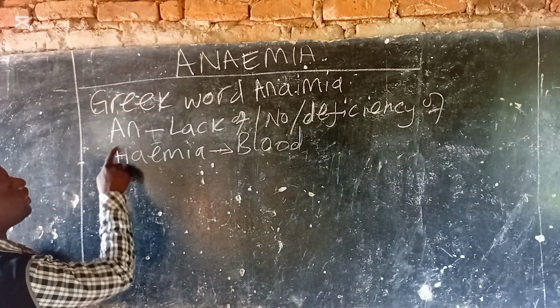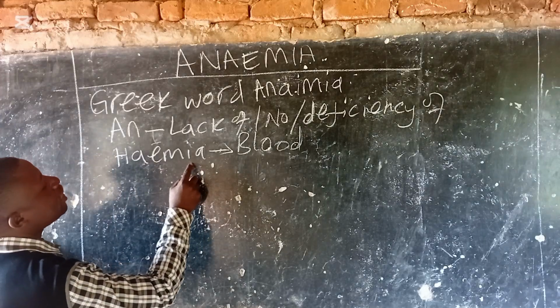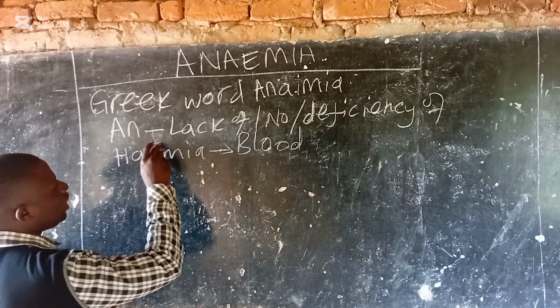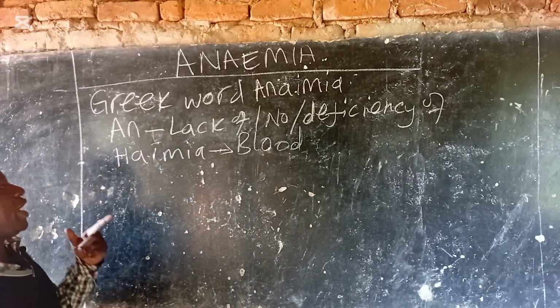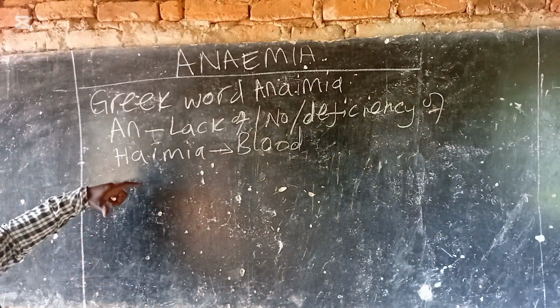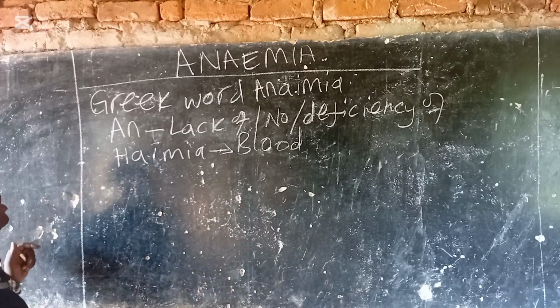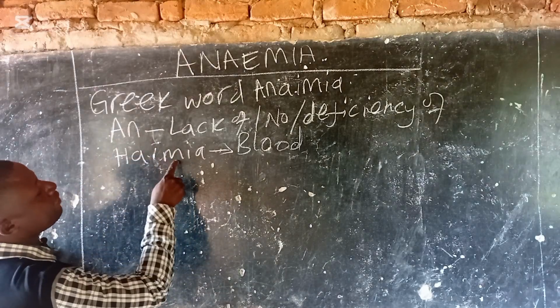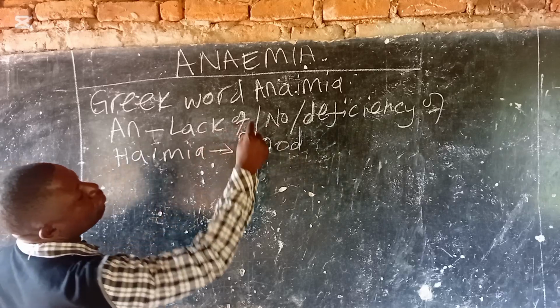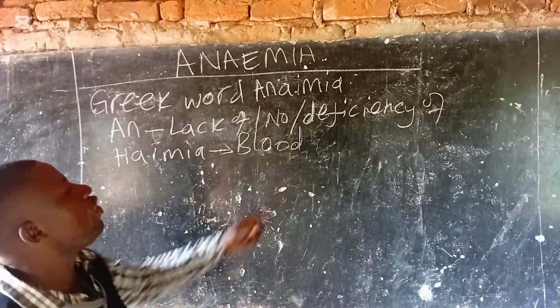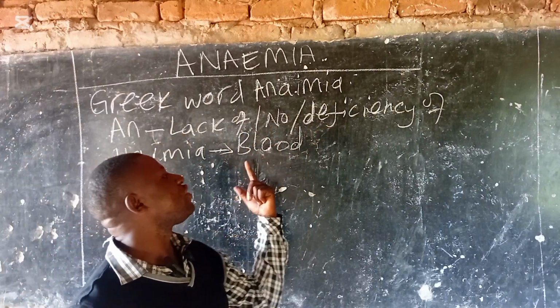They just removed this one and joined this one. Actually, for them they write it like this, they put I. So this is how we came with the word anemia, meaning lack of blood or no blood or deficiency of blood.